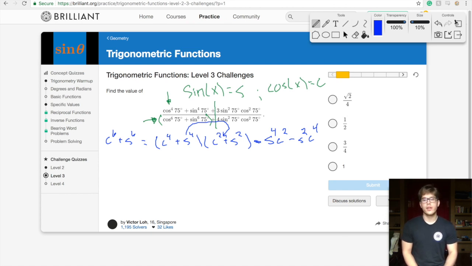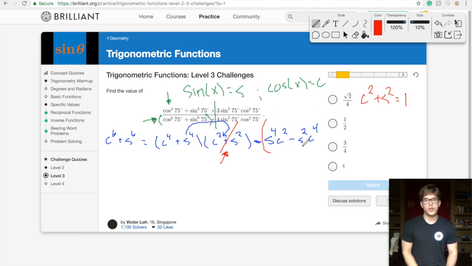What do we have here? Well, for this term, cosine squared plus sine squared, there's a Pythagorean identity that says cosine squared plus sine squared equals 1. So this term is going to cancel out to be 1.